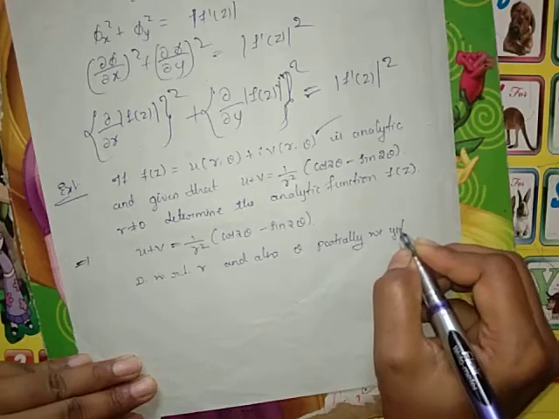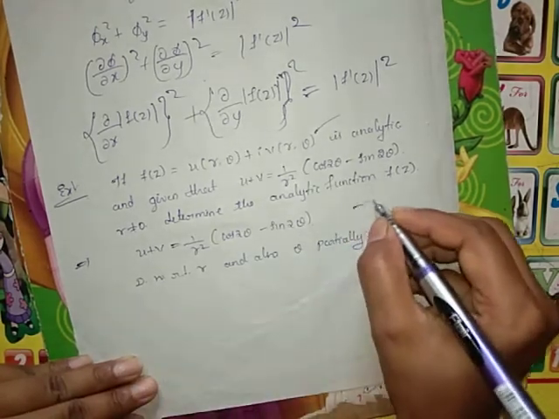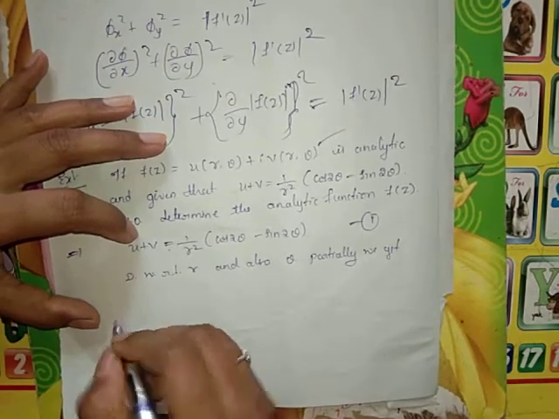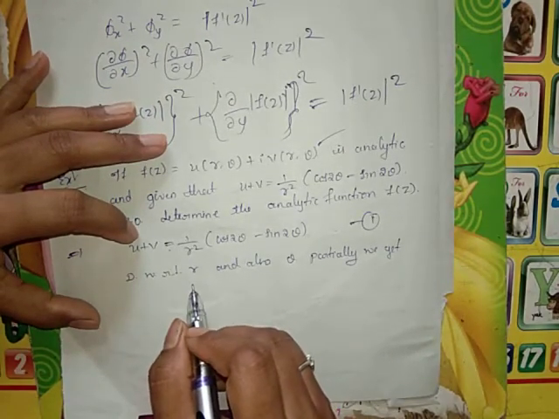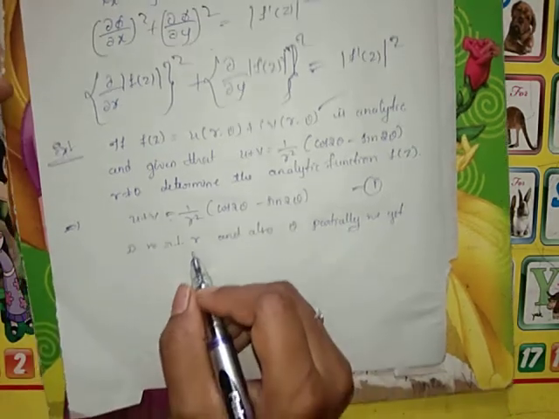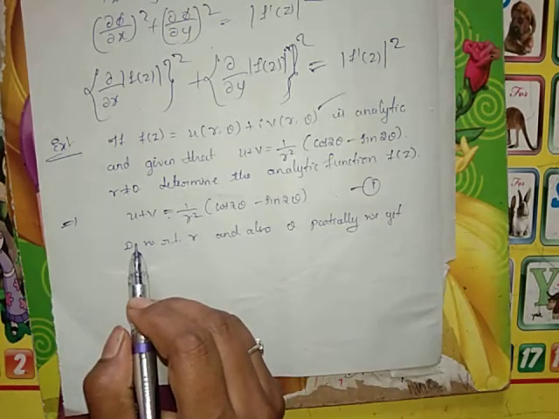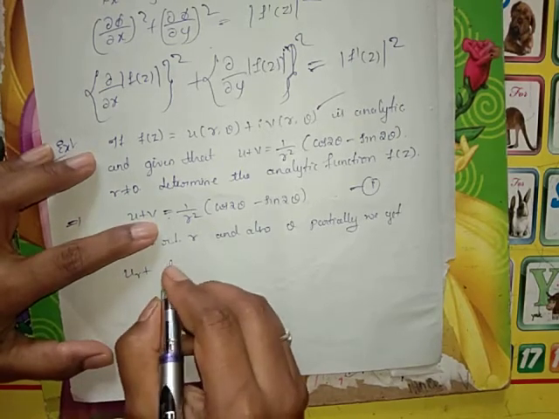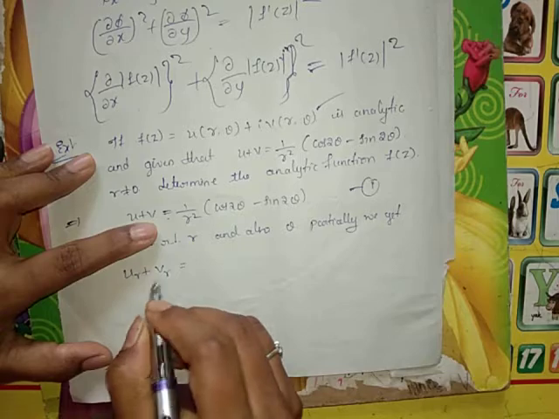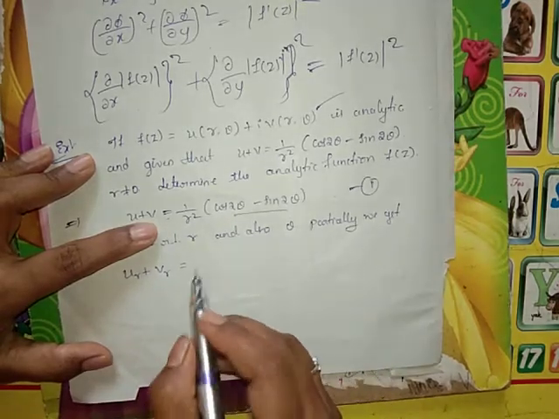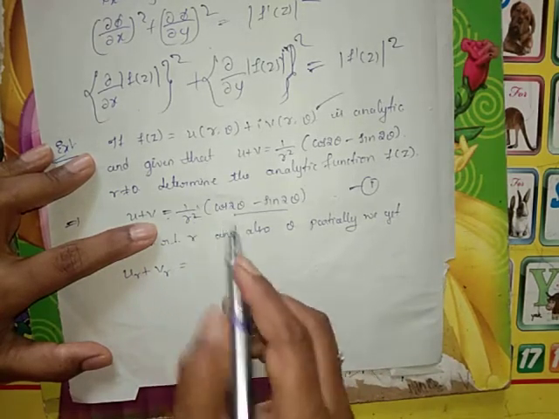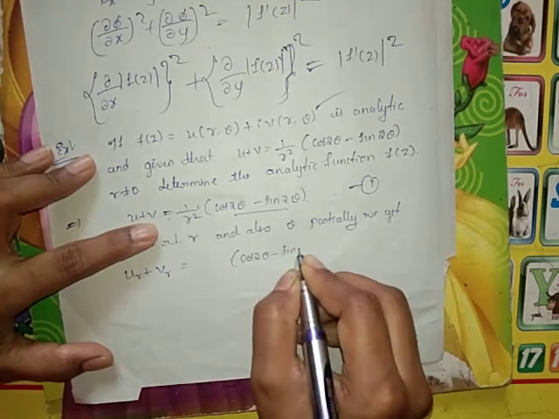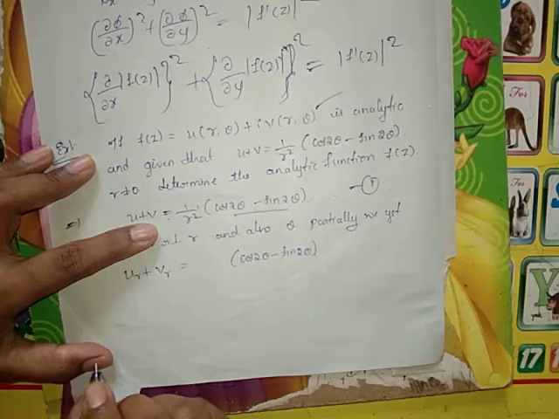Call this one as equation 1. Differentiating 1 partially with respect to r, we get: derivative of u with respect to r is ur, derivative of v with respect to r is vr. These are the functions of theta, so keep these as it is: cos 2 theta minus sin 2 theta.